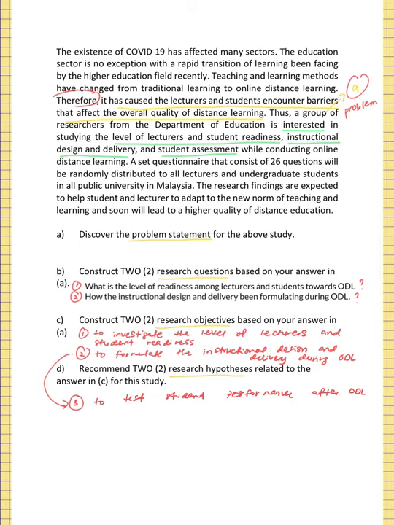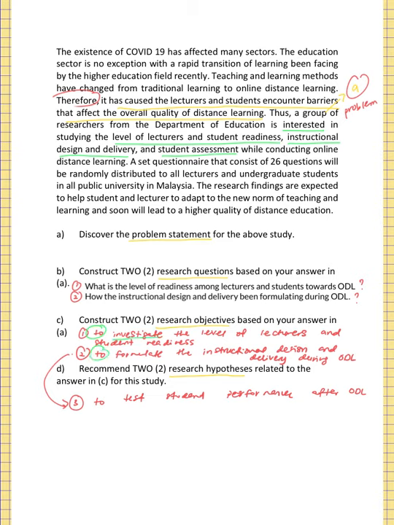Now let's look at question D. Recommend the 2 research hypotheses related to the answer in C for this study. Again, saya nak highlight kat sini. Kalau question, misalnya soalan, dia menggunakan what, how, when, who. Untuk research objective, keyword dia adalah to.